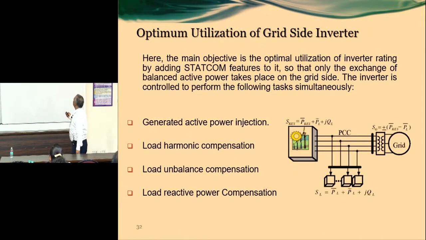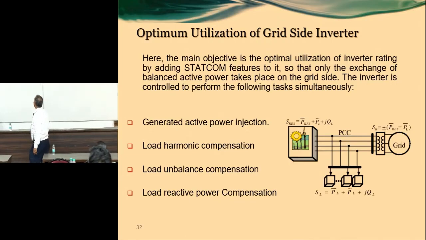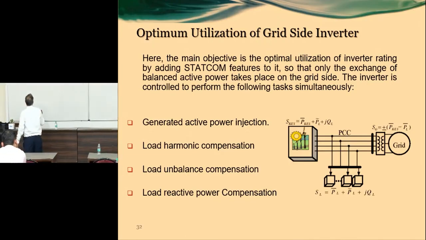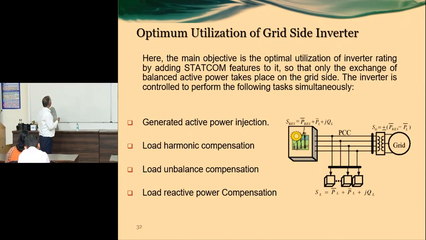This was a case of a three-phase system, and a three-phase four-wire system. You can have generated active power injection, load harmonic compensation, load unbalance compensation, and load reactive power compensation. All these things take place at this side only, and nothing flows toward the grid side except the exchange of active power, because load harmonic and load reactive power have already been supplied from this side.